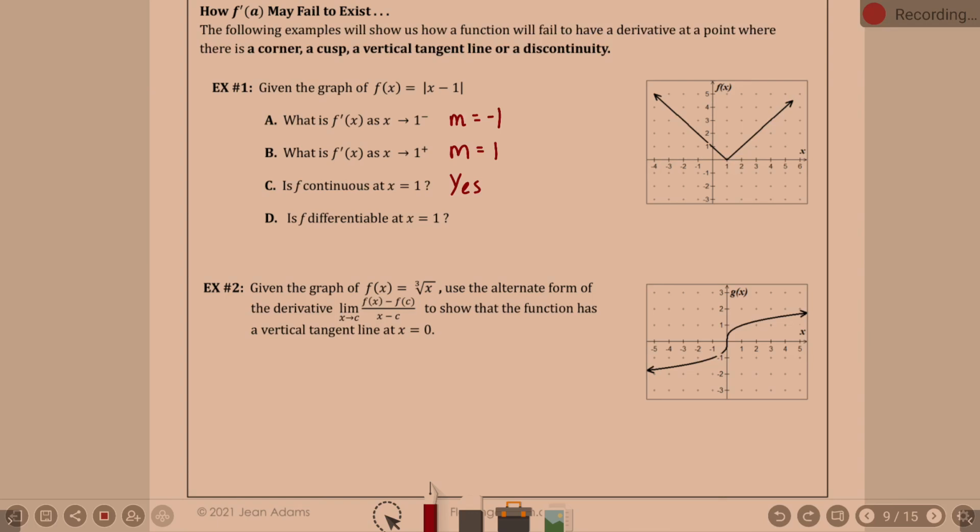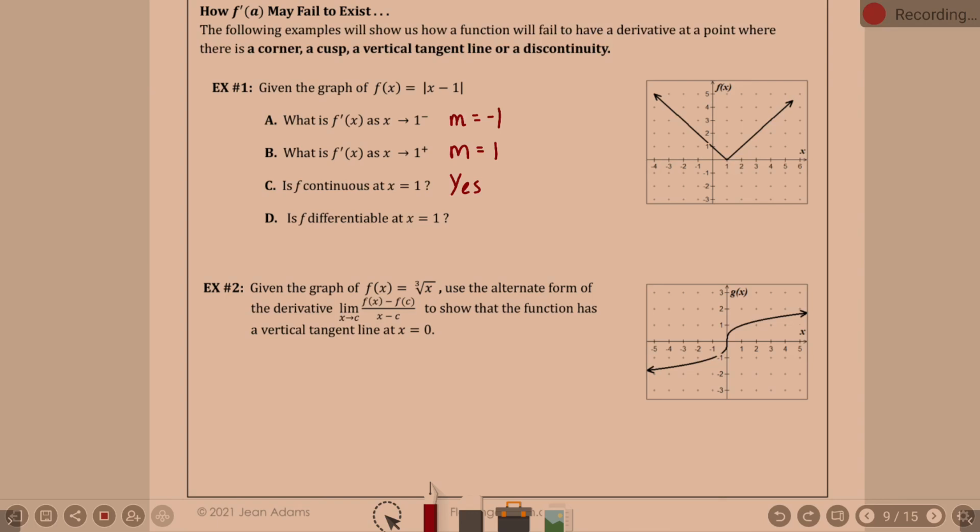So yes, it's continuous, or I like to go back to the very basic elementary definition of, can I draw it without ever lifting my pencil? And I can. Now, is f differentiable at x equals 1?